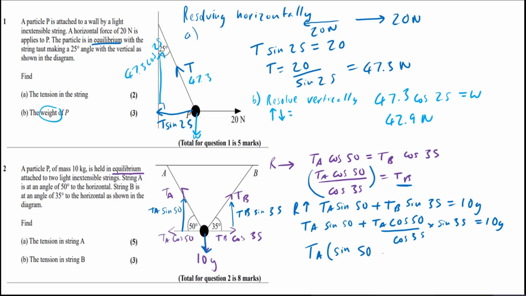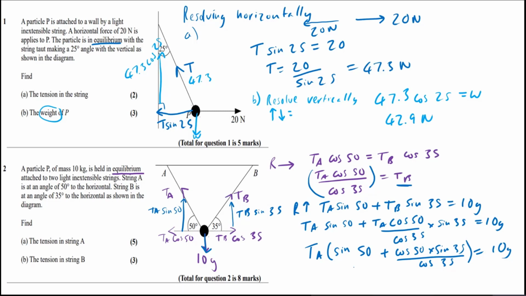So that would be TA sine 50 plus cos 50 times sine 35 all over cos 35 equals 10G. Let's close that bracket. And can you see that we can get TA by dividing this whole bracket out over 10G?